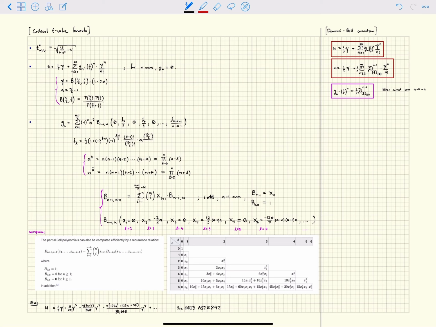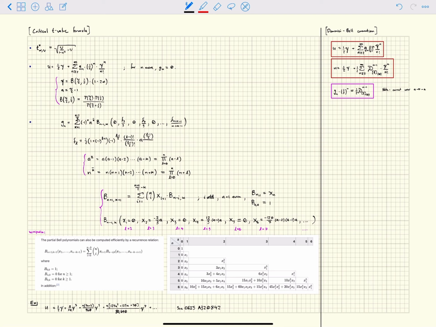And then just to make it more concrete, as a final thing, I show that this connection exists between these coefficients in the sense that these two methods are identical. One utilizes the Dominici expansion, and this one utilizes reversion of series.